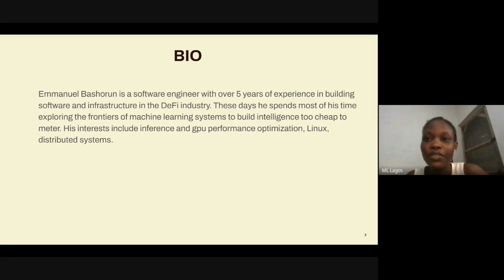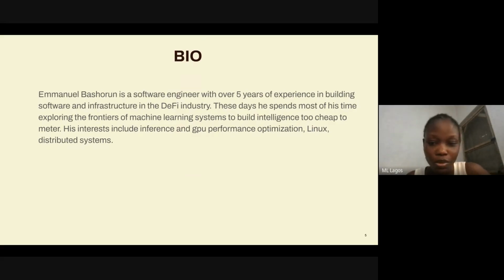I'm going to leave Emmanuel to blow his own trumpet further. So Emmanuel, I'm going to stop sharing, just in case you have your slides, so that you can have the floor fully.